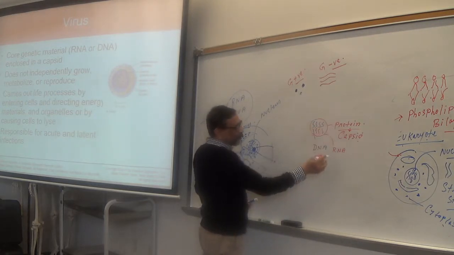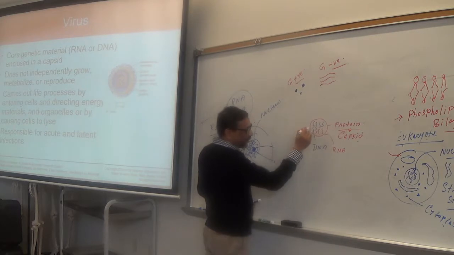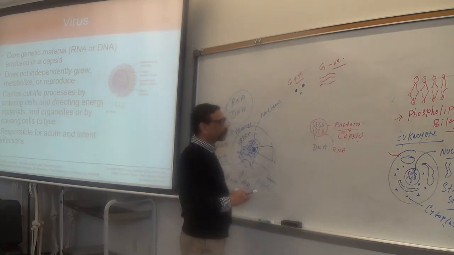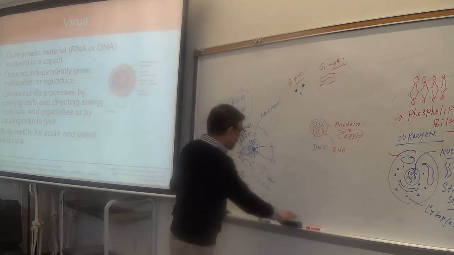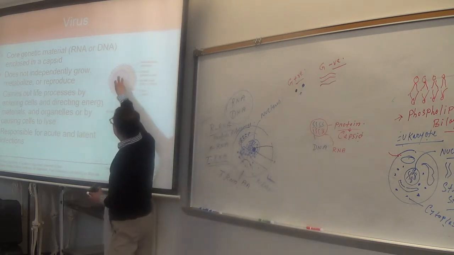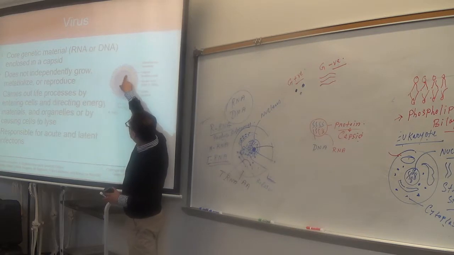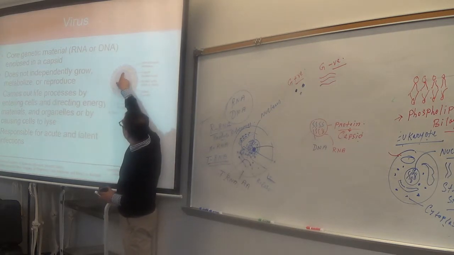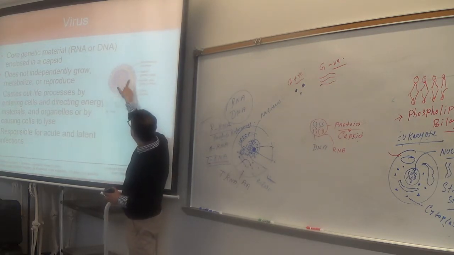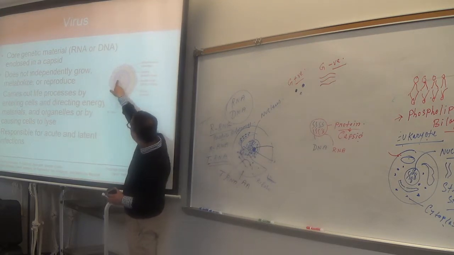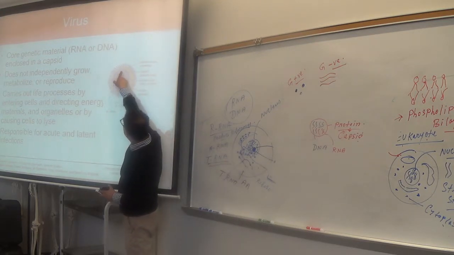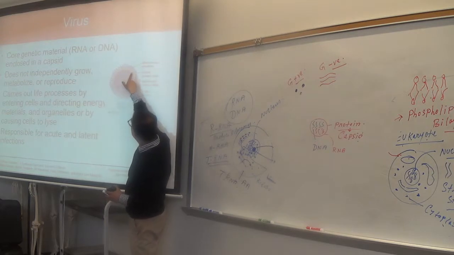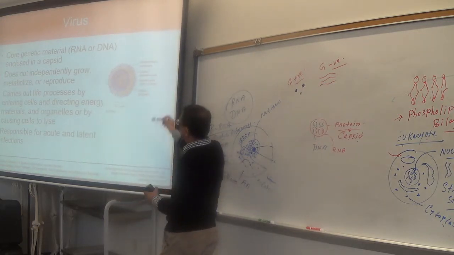DNA and RNA could be present in single strand or double strand, so it could be double or single. So this is the basic structure of a virus. See, DNA or RNA inside, and the covering, protein covering, that is the capsid, protein coat.